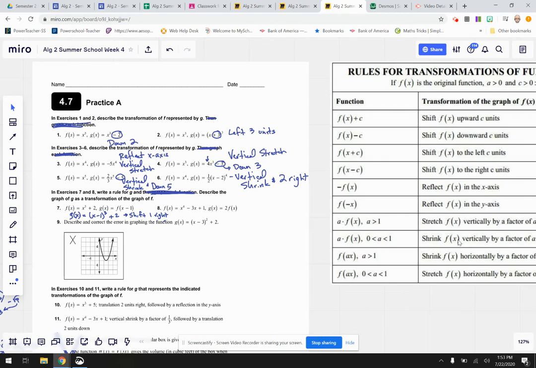Number 8, they want us to take the function and multiply it by 2. So g of x would be everything multiplied by 2. So it would be 2x to the 4th minus 6x plus 2.